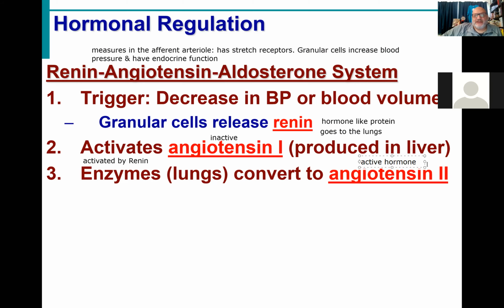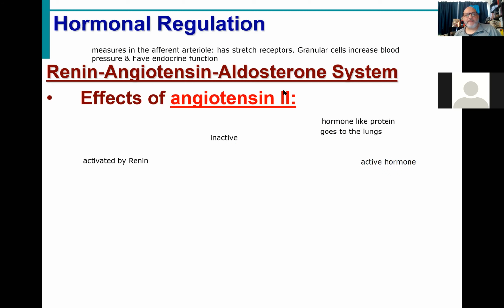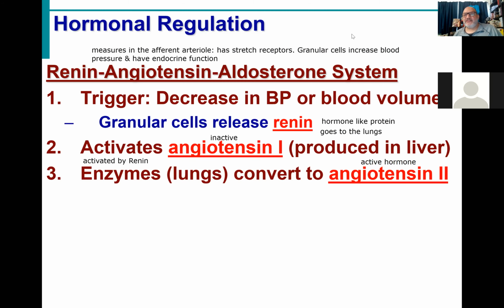Blood pressure drops in our kidneys, produces renin that goes to the lungs, where it activates an enzyme that converts an inactive hormone produced in the liver into its active form. So for whatever reason, that is the convoluted path that this is going to take. But this, as I mentioned, is the active form.